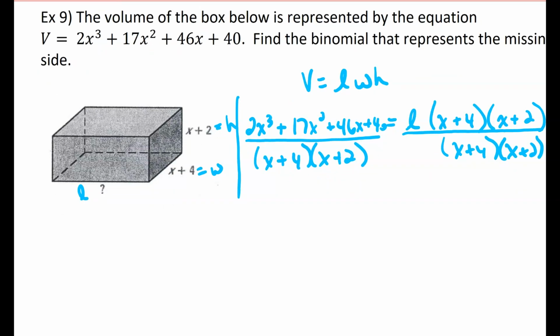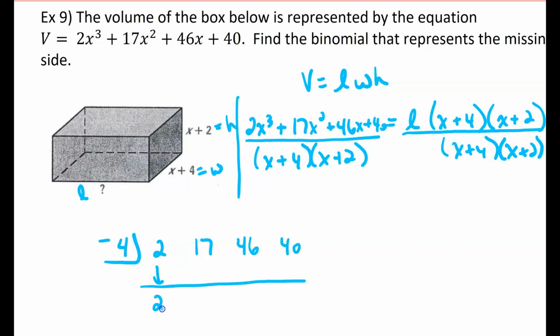Synthetic division, right? Okay, so do you guys want to start with the 4 or the 2? The 2. You want to start with 4? Okay. So, since it's x plus 4, that means we put a negative 4 in our box, and we just fill in our terms. We have a 2x cubed, a 17x squared, a 46x, and a 40.